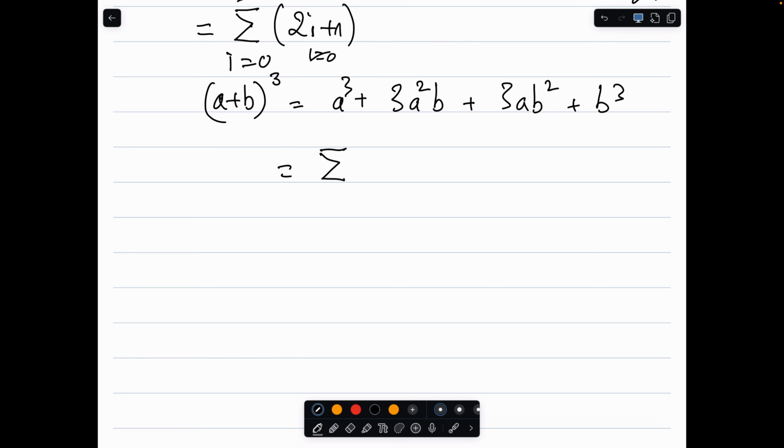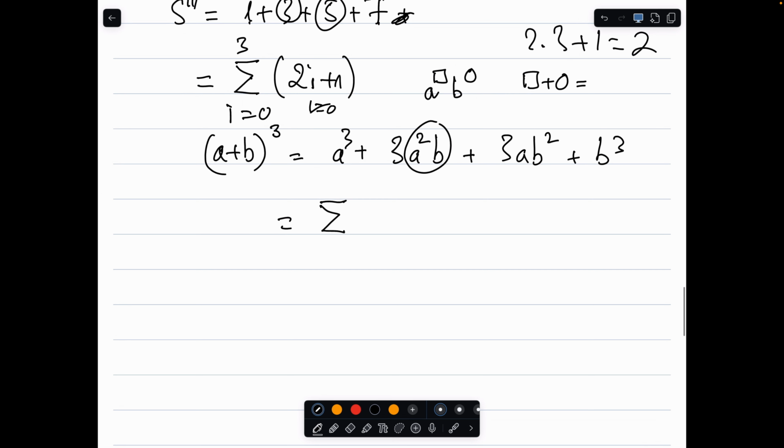If you pick any term, maybe this term, it has the form a to some power and b to some power, and the powers sum up to 3. The power of a starts from 3, so it's a^(3-i), and b^i, because the sum is 3, and i starts from 0.